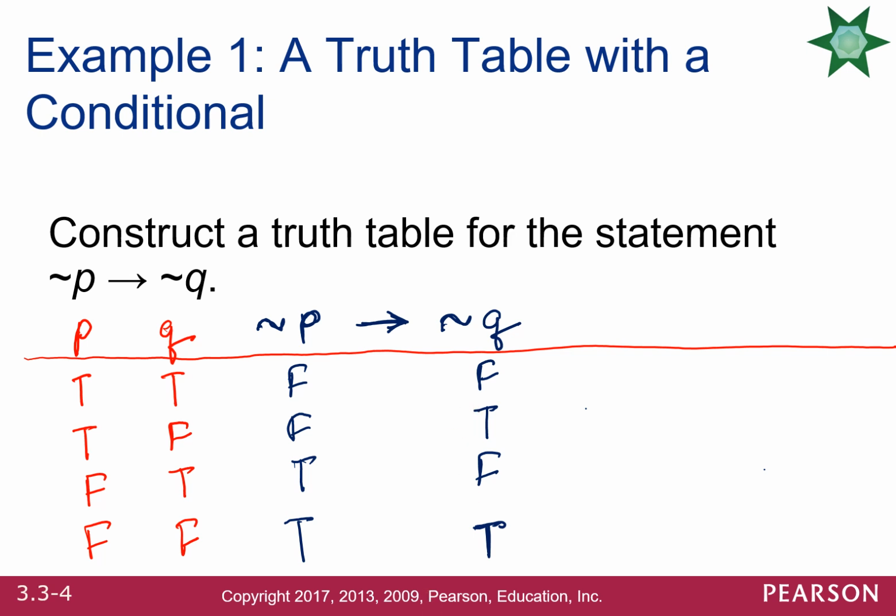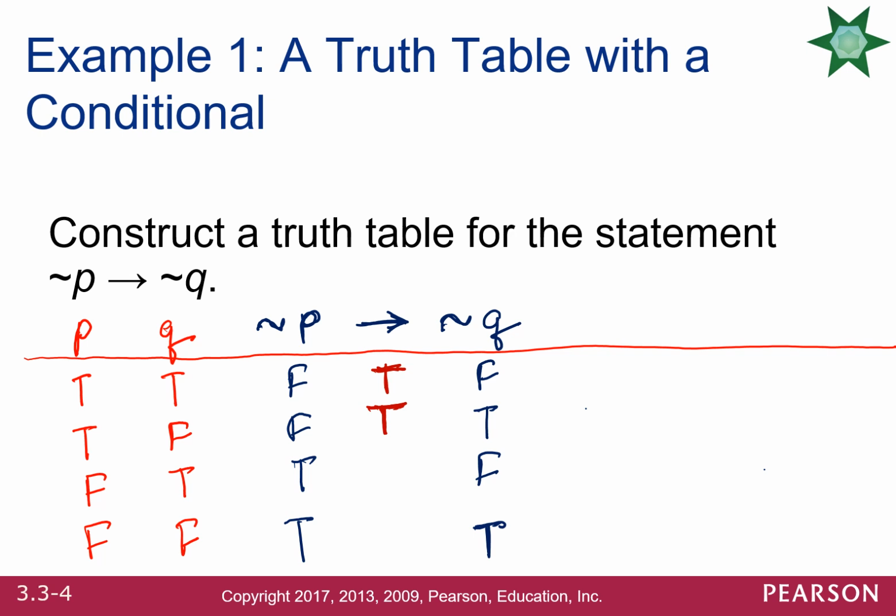I'm going to write a true. Now, F and T is also a true. F and T is also a true. Then T and F, if P is true and Q is false, that is the only time where it'll resolve to a false.